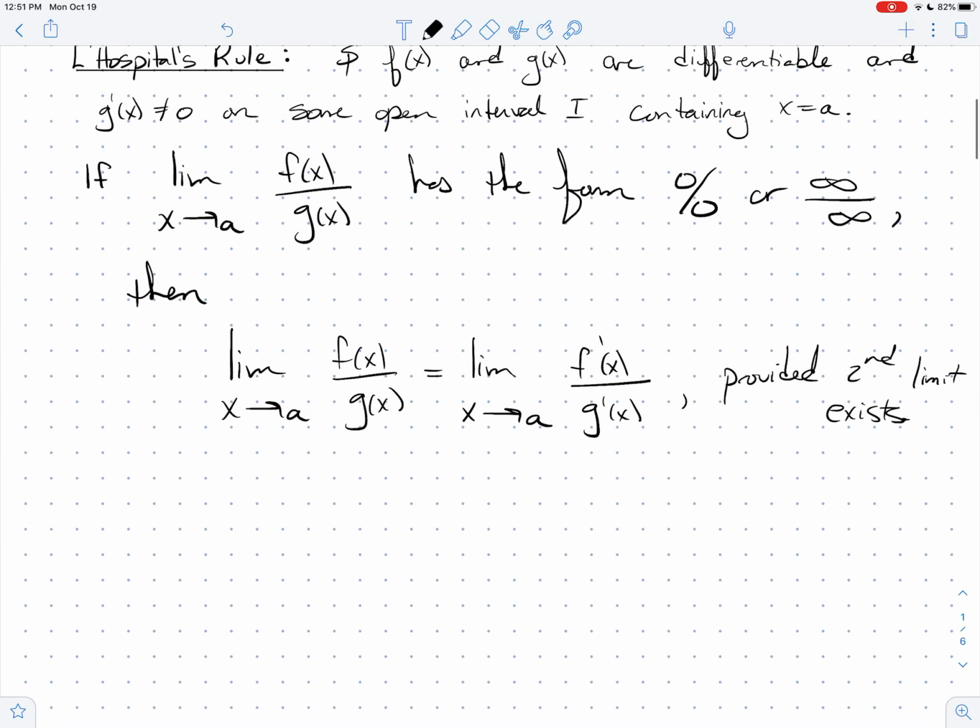And when I say exists, I'm going to actually include infinity. If this one is blowing up to infinity, so is this one.